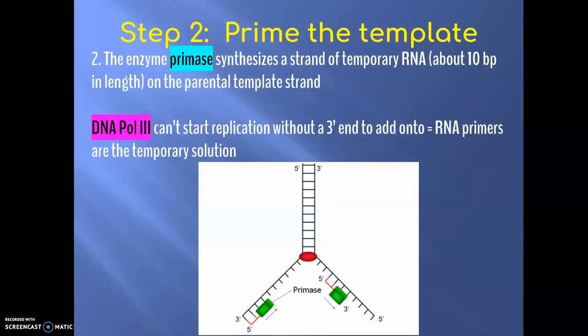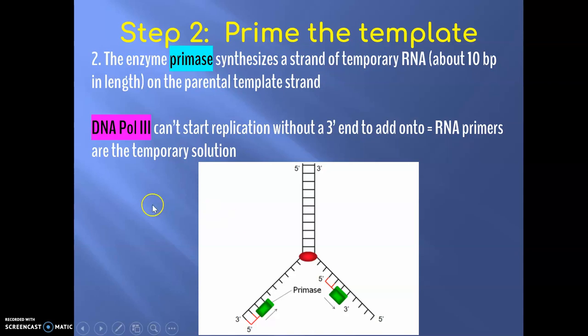So step two is we have to prime the template. We have this enzyme called primase that synthesizes a strand of temporary RNA, which is about 10 base pairs in length, on the parent template strand. DNA polymerase can't start replication without a 3' end to add onto. So the RNA primers are those temporary solutions.